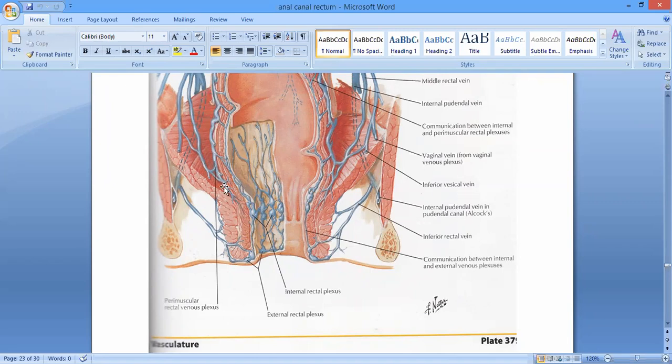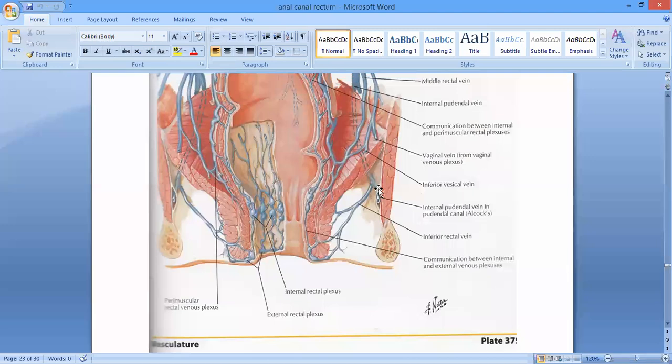The middle rectal veins must be going towards, which artery do they come from, does anybody remember? The middle rectal artery is a branch of the internal iliac artery, right? So from here the blood will flow towards the internal iliac vein, and the lower part is going to drain into the inferior rectal vein. The inferior rectal veins go towards the internal pudendal vein, right?